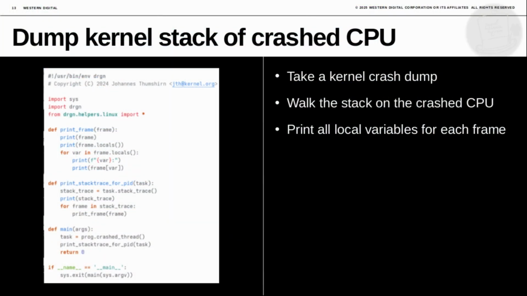Walk all the local variables and print them in the hope to find something like quickly why it crashed. Well, it's super useful for your typical null pointer dereferences and stuff like that.